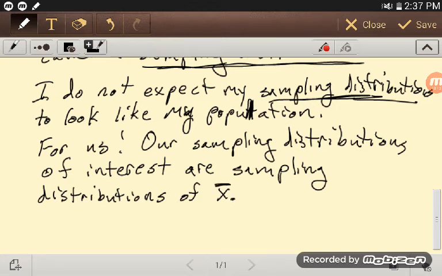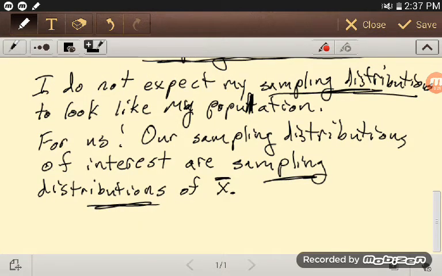So in this class, that's our sampling distribution. We're going to care what the sampling distribution of X bar looks like. In general, that histogram, I can put it all kinds of places on the x-axis, but its general shape is going to be high in the middle and low out on the ends. A bell-shaped curve. So the sampling distribution of X bar is going to generally look like this.